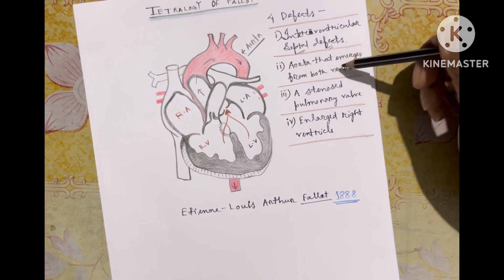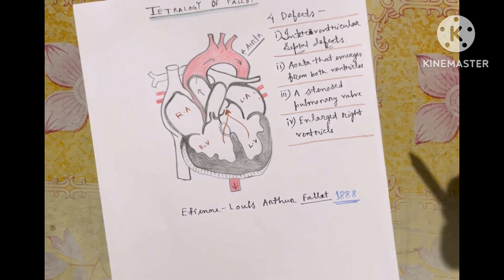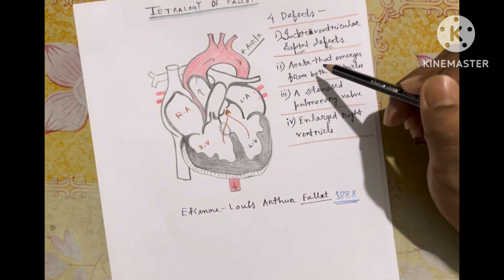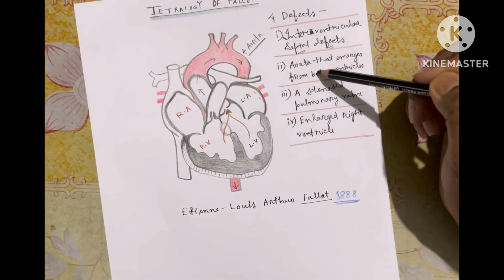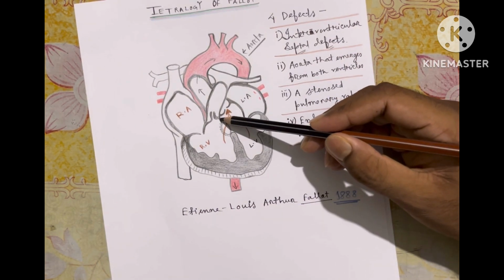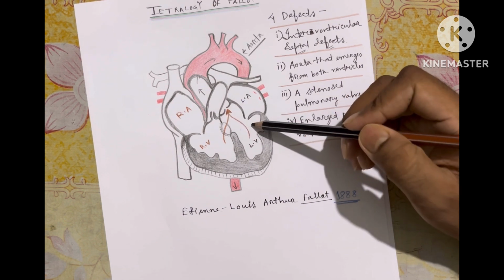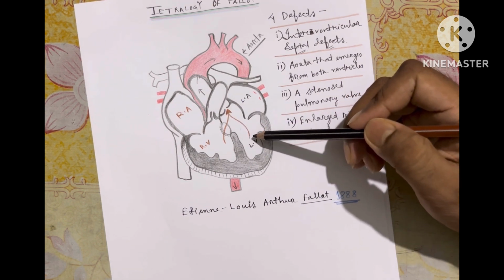Second one is that the aorta emerges from both ventricles. Aorta is actually connected with our left ventricle in a normal human being.